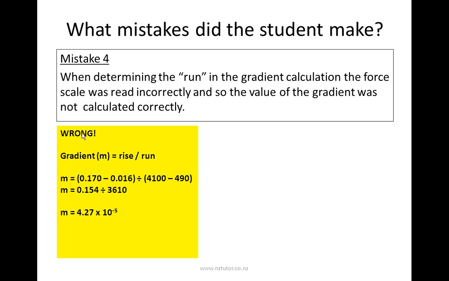Now, of course, the student made the mistake initially, mistake 1, of calculating the force incorrectly. So these force numbers are all incorrect, but the marker isn't bothered about that. They just want to see if they can read off the graph correctly and then calculate a gradient from those values. The fact that the force numbers are incorrect doesn't really matter.